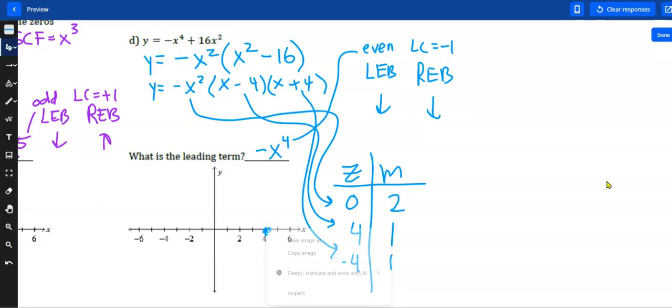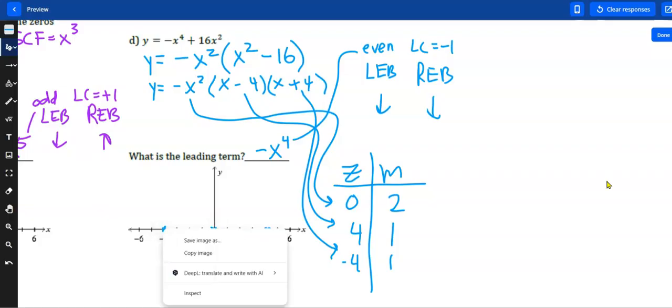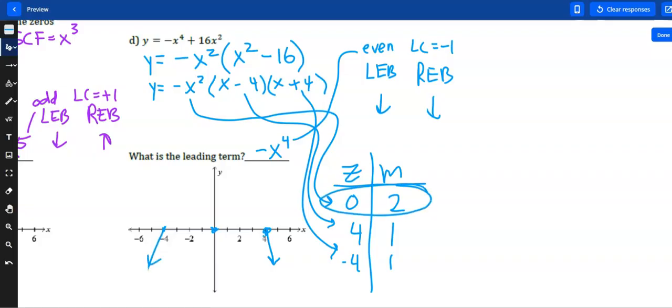So 4, 0, -4. And the right side is down. The left side is down. There's a bounce right here because of the even multiplicity.